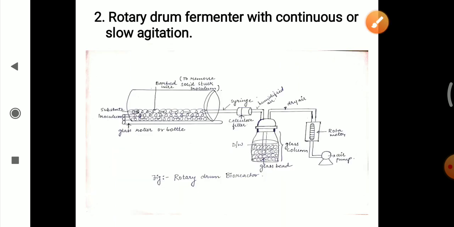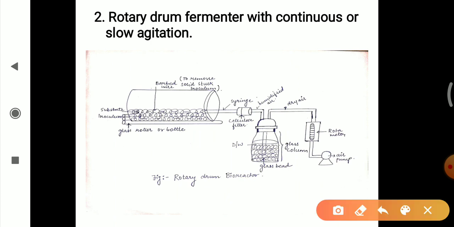Now we will see the second one, that is the rotary drum fermenter with continuous or slow agitation. The name itself says rotary drum, so there would be some kind of drum or a roller bottle.